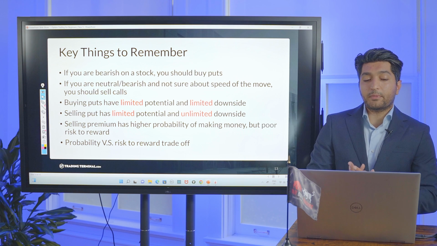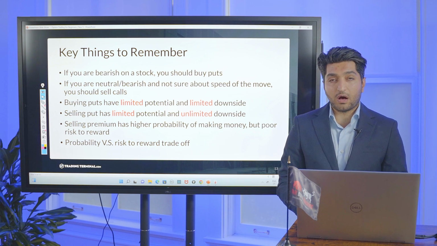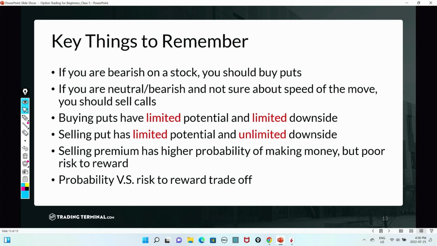Key things to remember here: if you're bearish on a stock, you should buy puts. If you're neutral/bearish on a stock and not sure about the speed of the move, you should sell calls. Buying puts has limited potential because the stock could theoretically only go to 0, and limited downside. You're only going to lose the premium you paid.